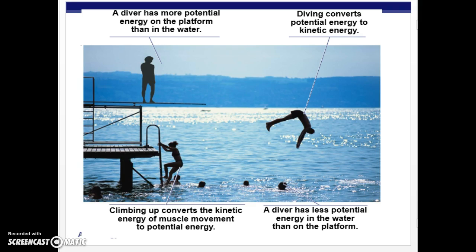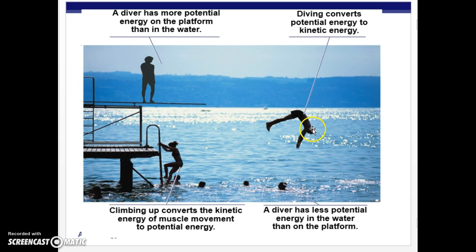This picture shows a visual representation of the different forms of energy. So in this case, a woman can climb the stairs to a diving platform. She's releasing chemical energy stored in her cells from the food she ate for lunch. And she's also establishing potential energy as she moves up to this platform above the water.